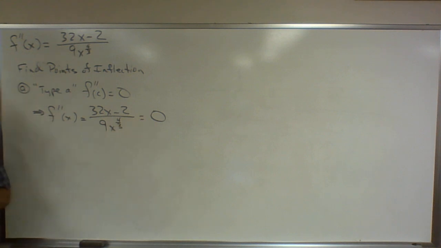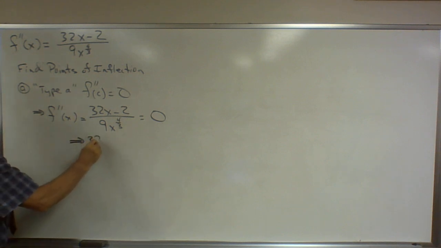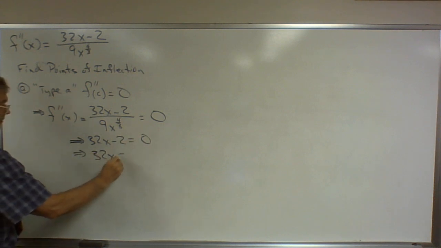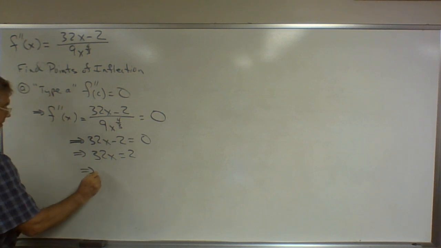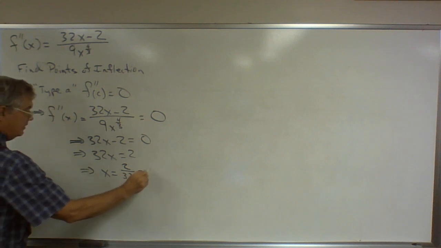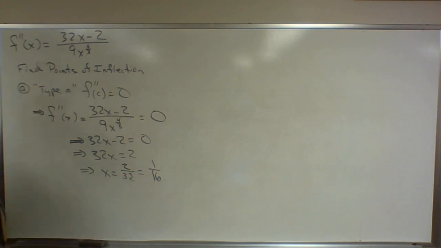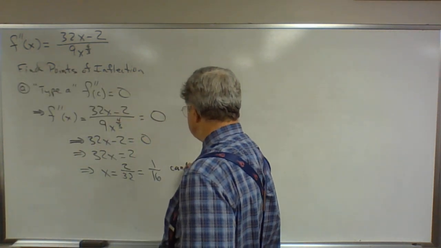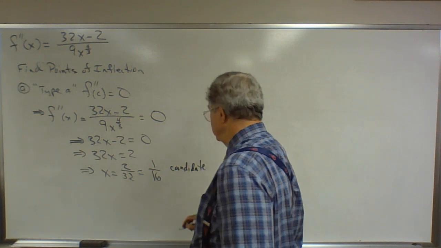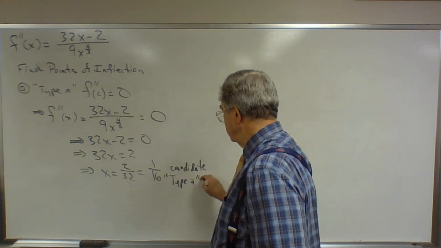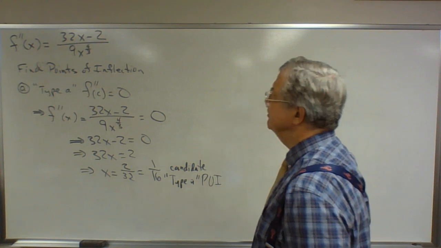That only happens when the numerator is 0. Two over 32, which is 1/16. This is a candidate for a type A point of inflection.